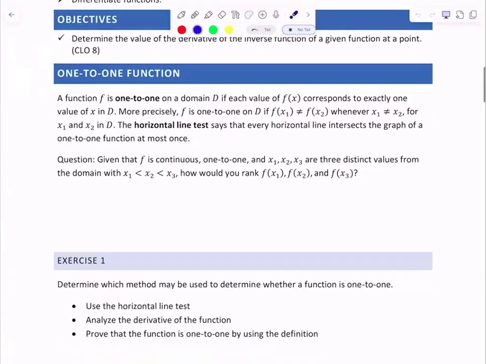What's the advantage of one-to-one, right? If I draw a simple picture, let's say this is 3 values and maybe more. I call this x1, x2, x3. These are the values in the domain.